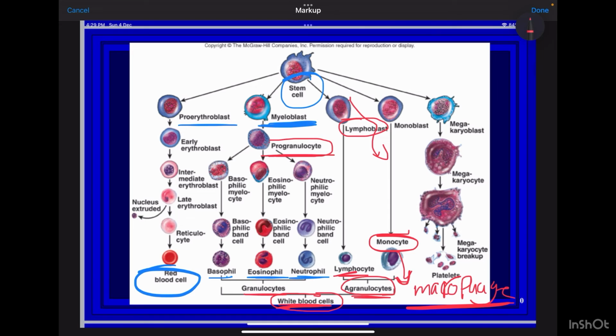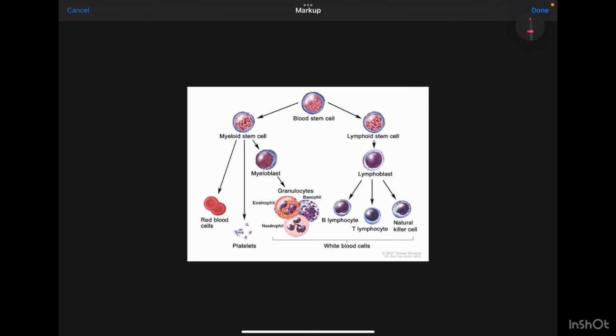Let's see them in more detail. We can see here, this is the lymphoid stem cell. From it we get the lymphoblast, which divides into B lymphocyte, T lymphocyte, and natural killer cell. This is the agranulocyte type of white blood cells. In B and T lymphocytes, you can see the nucleus is almost filling the cell.